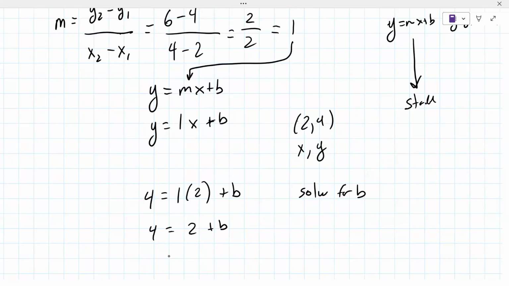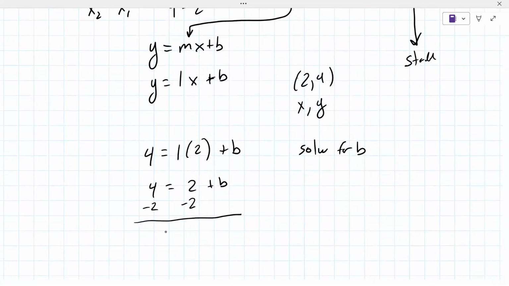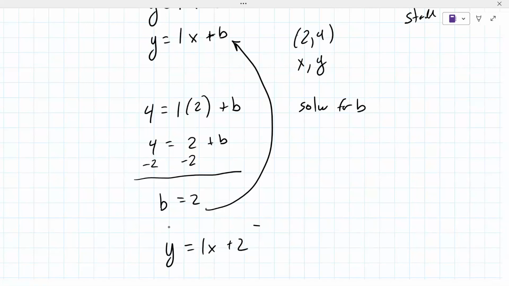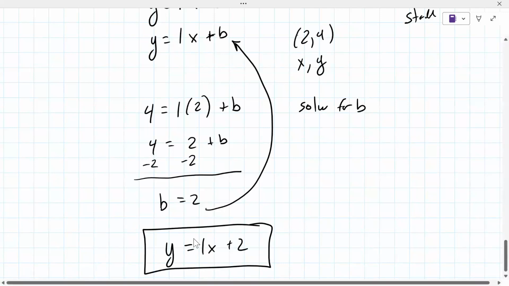So you undo a positive with subtraction, subtracting 2 from both sides of the equation. So B would be 2. All right, so that goes back in here. So this is Y equals 1X plus 2, like that. Okay. Is that okay? Yeah.